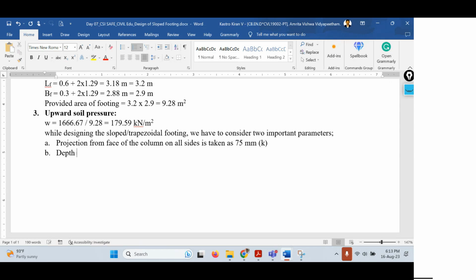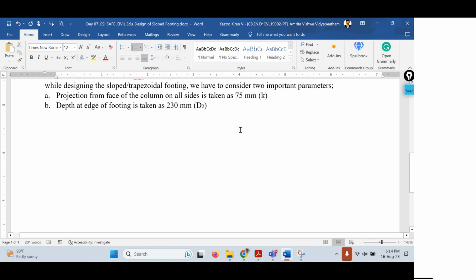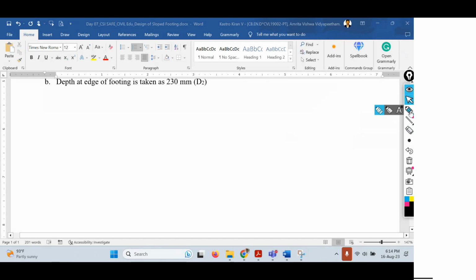And the next one is the depth at the edge of the footing, which is provided as 230 mm. I'll call this one capital D2. I'll explain what these values are. So usually how will the sloped footing be lying? Let me just draw the diagram.